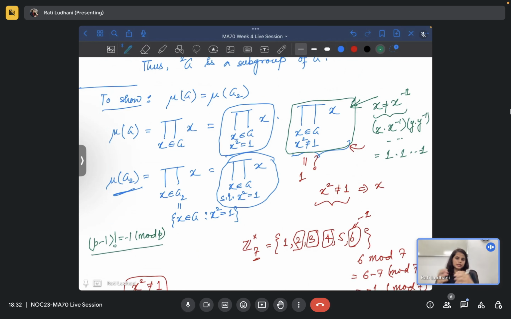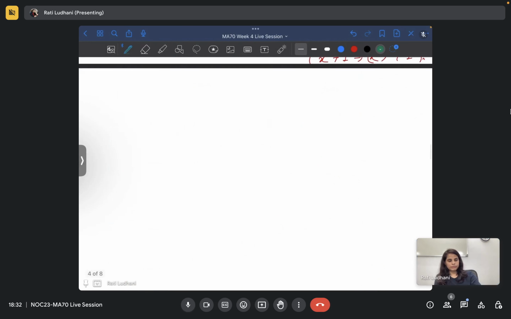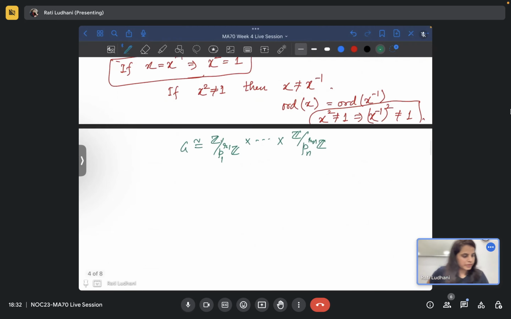If you consider the product of elements, you are talking about Z_p only, not Z_p raised to some power. But if you use the fundamental theorem, it is isomorphic to Z mod p1 raised to power r1, and so on. There are some powers, so we cannot say directly that we can use this. Anyway, nice try.